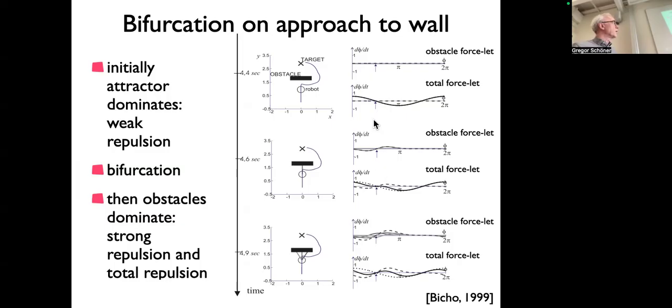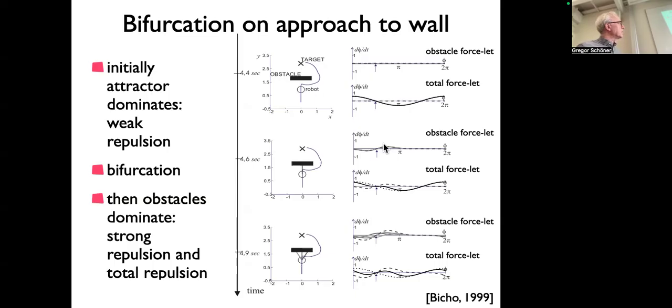So the one interesting aspect is that as you approach the obstacle, you will go through that bifurcation as well. So for instance, here, initially, the obstacle forces are 0 because this is too large. It's about one vehicle size that these sensors can look. So they don't sense anything.